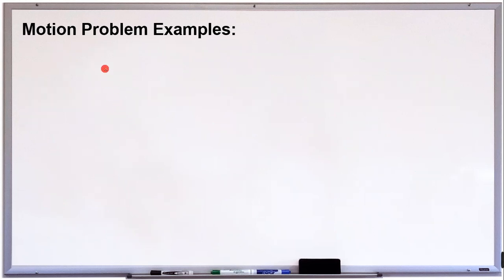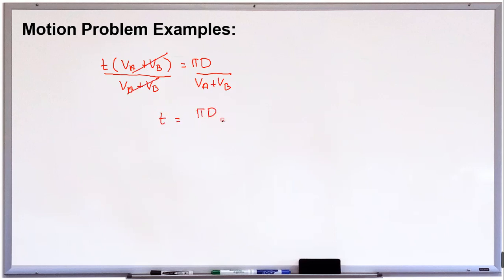So we have t times VA plus VB is equal to pi d. So we can divide both sides by VA plus VB. So this one is VA plus VB, so cancel out. We have t is equal to pi d over VA plus VB.